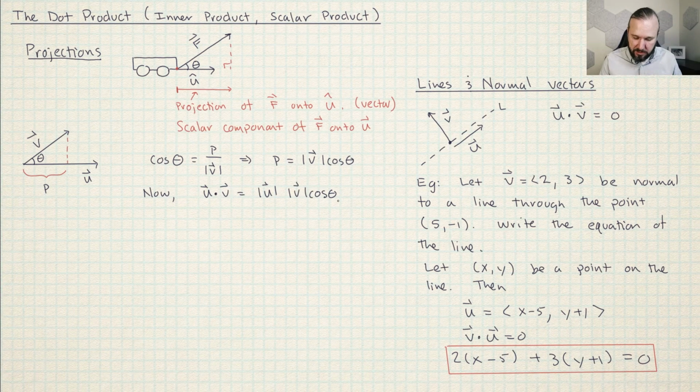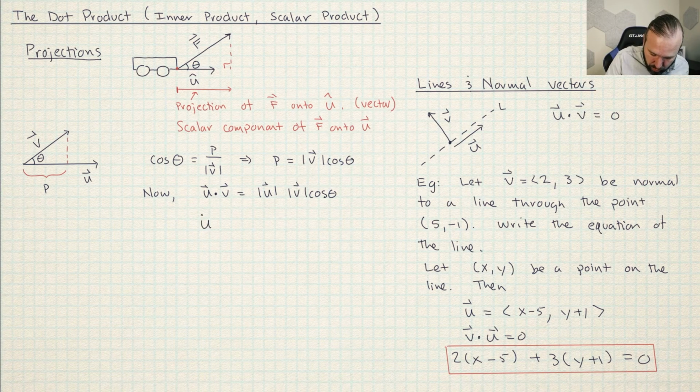Now, since the dot product is just the magnitude of u times the magnitude of v times the cosine of theta, and this thing that we're looking for here, the scalar component, is just the magnitude of v times the cosine of theta, I'm just so close. Right here it is, and then there it is right there. So if I can just get that by itself, then I'll know how to calculate these projections. So I'm just going to divide both sides of this equation by the magnitude of u.